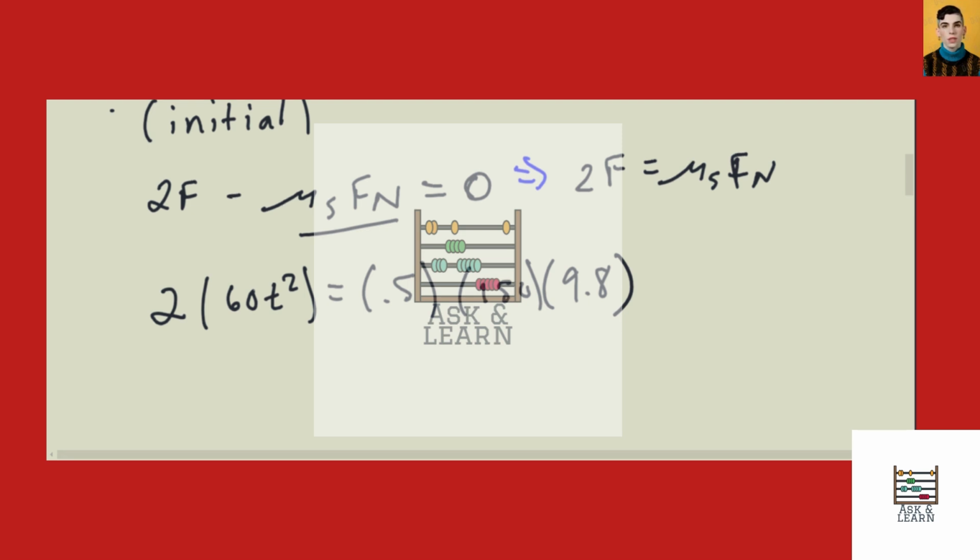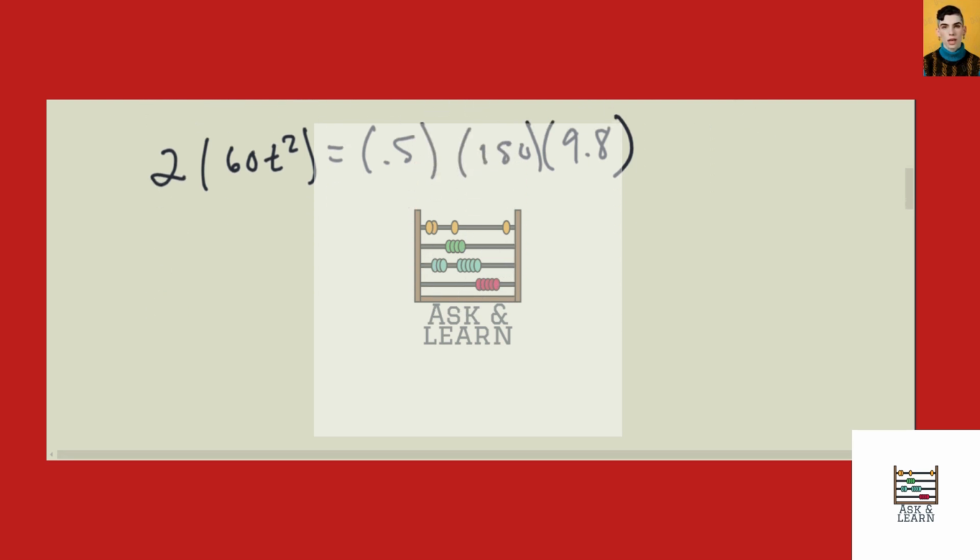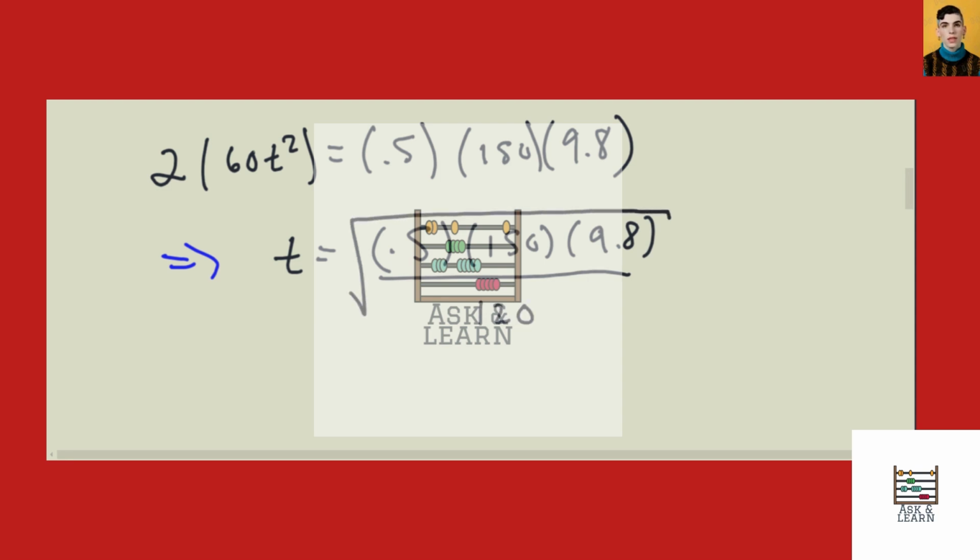So if we solve for t, we get t is equal to, so this whole right side divided by 2 times 60, which is 120. So 0.5 times 150 times 9.8 divided by 120, all of that square root. So the initial time is 2.4 seconds.